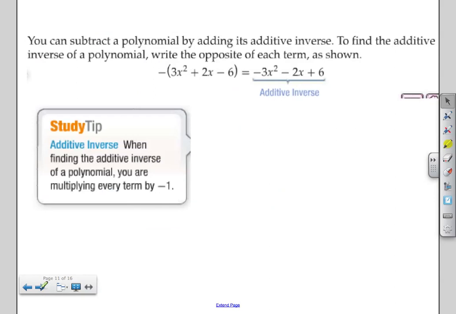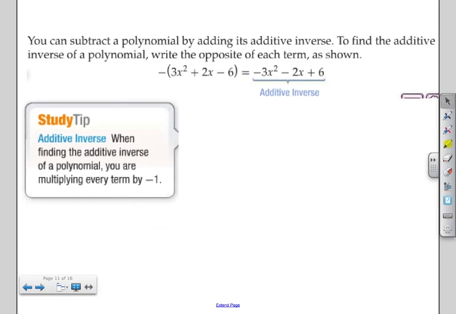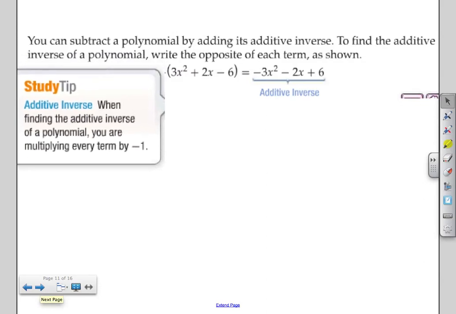You can subtract a polynomial by adding its inverse. Okay, so let's see what that means. To add the inverse, you're going to write each term as its opposite, okay? And this is just a little study tip. To do the additive inverse, you can also multiply every term by negative 1, or you can just change every sign in the term.